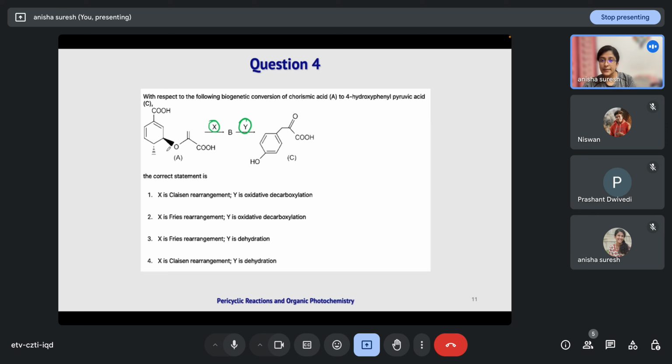See this system. This is 3, 2, 1, 1, 2, 3. So it can undergo a 3,3 sigmatropic rearrangement, right? And since this oxygen is involved in that system, it is an example of Claisen rearrangement.